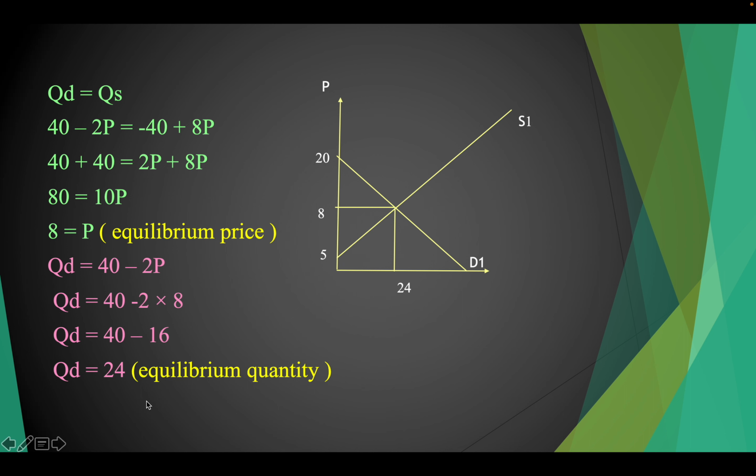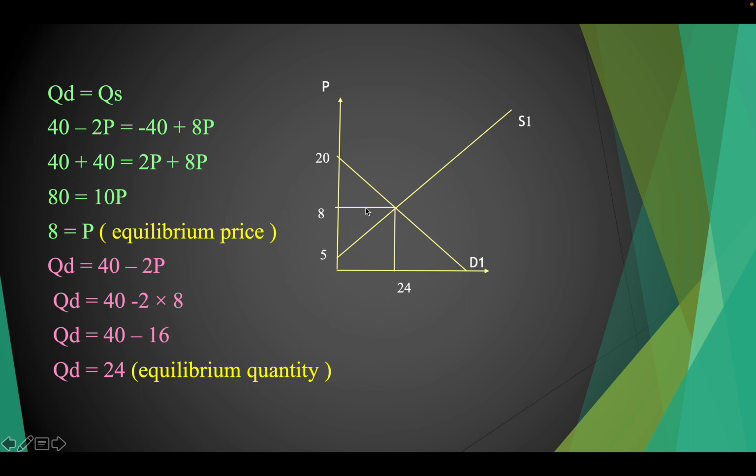So when you solve a question like this, it's easy to draw a small diagram and take the answers. Draw the diagram with the demand and supply curves, mark the equilibrium price here as 8, and the equilibrium quantity 24. So we have to find the total surplus, that means consumer surplus and producer surplus.